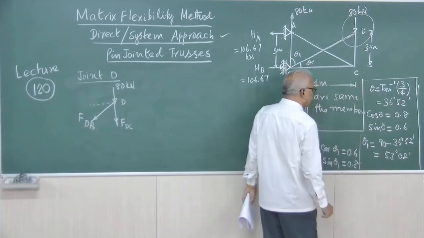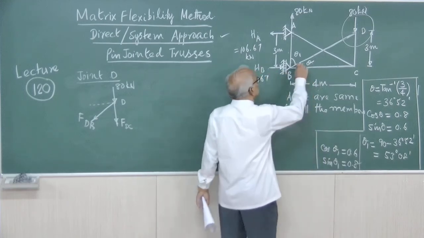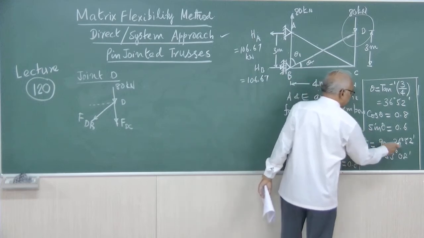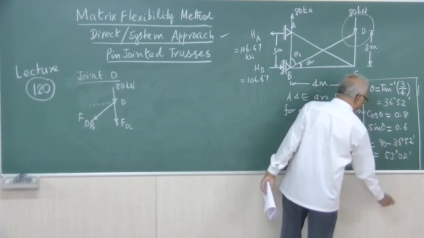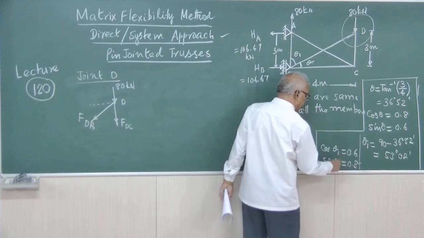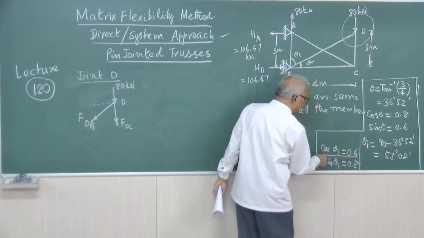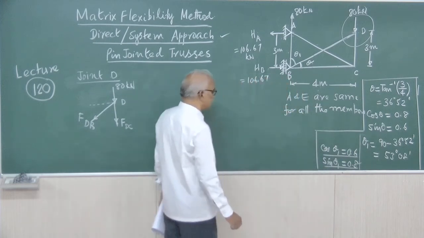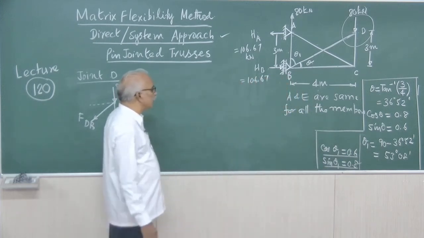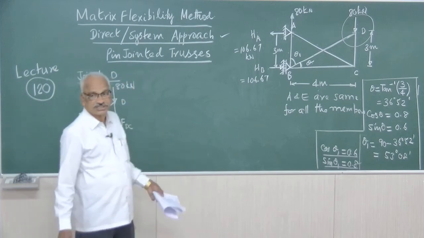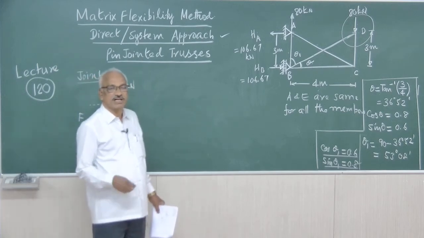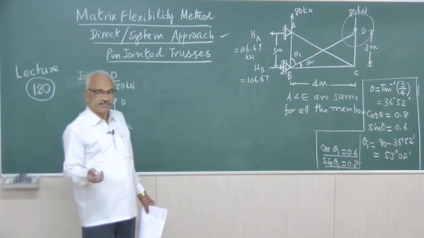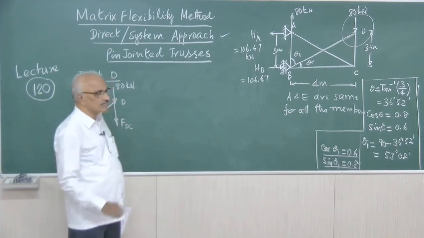The other value is theta 1. Theta 1 equal to 90 minus 36°52' equal to 53°08'. So, cos 53°08' is 0.6, sin 53°08' is 0.8. So, those values will be required for our calculations. Therefore, every time we need not write 36 degree 52 minutes, 53 degree 08 minutes, etc. So, that will save a lot of time.